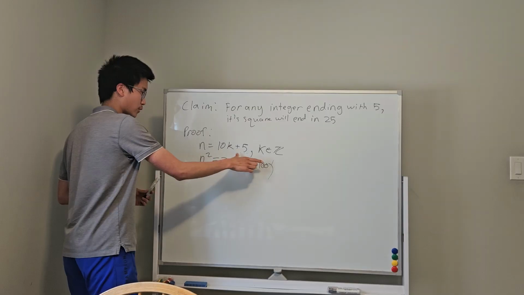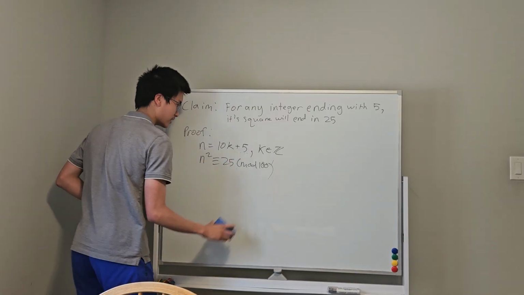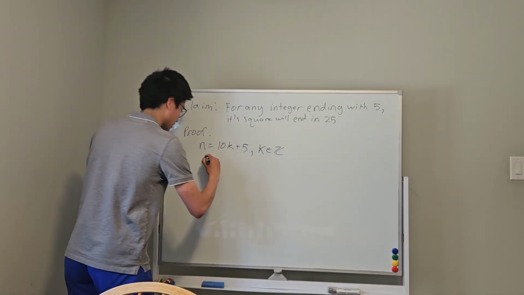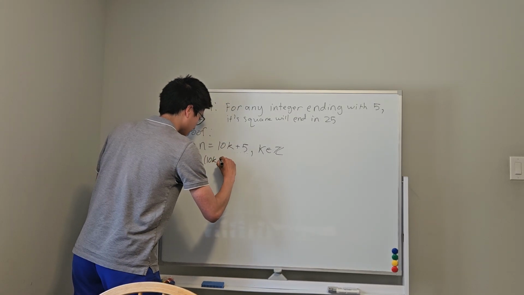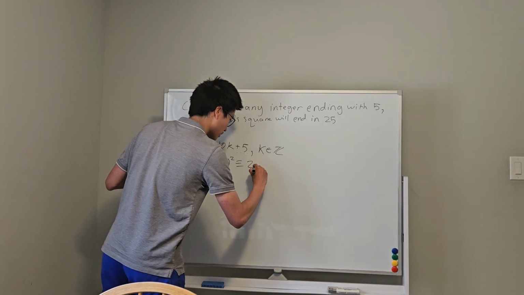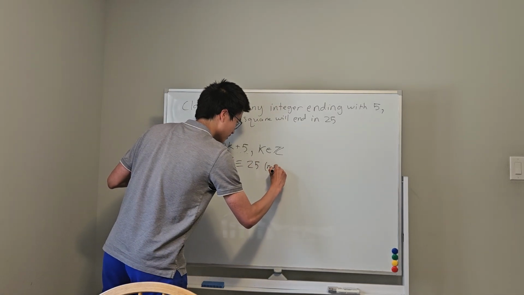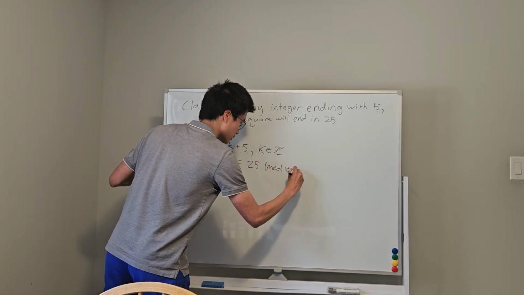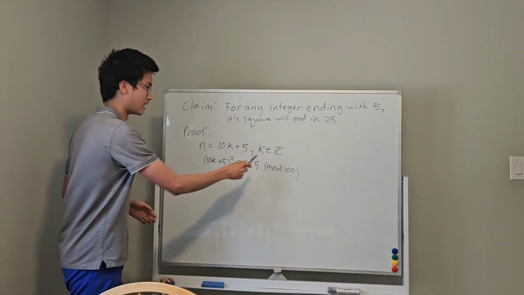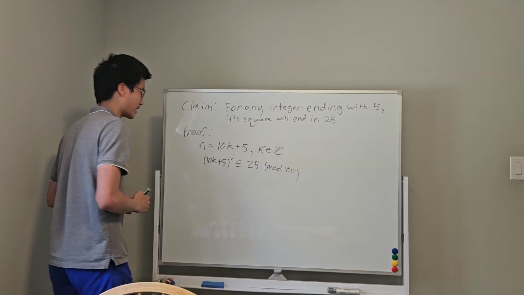And this is what we want to directly show: that (10k plus 5) squared is congruent to 25 mod 100. This basically means that if you divide this number by 100, your remainder is 25.